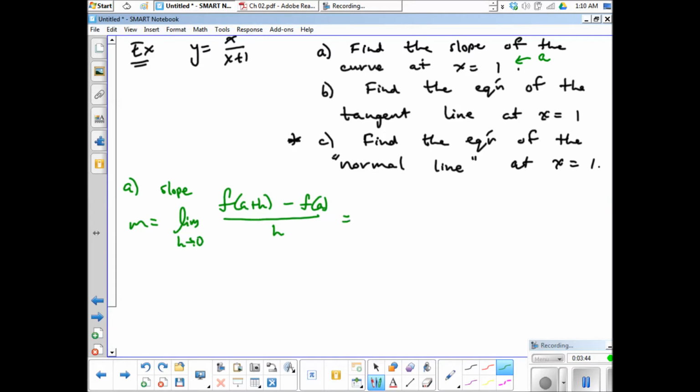So for this problem, the a is 1. So we're just going to do f of 1 plus h minus f of 1 all over h, and then we'll put that limit there.